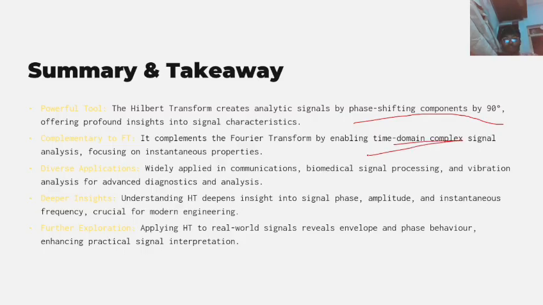It complements the Fourier transform by enabling time domain signals to be converted to analytic signals for instantaneous properties. To get the analytic signal, we mainly use the Hilbert transform. It has diverse applications, widely applied in signal communications, signal processing, and analog communication. As I said, also ECG scanning, biomedical signal processing, and vibration analysis for diagnostics.